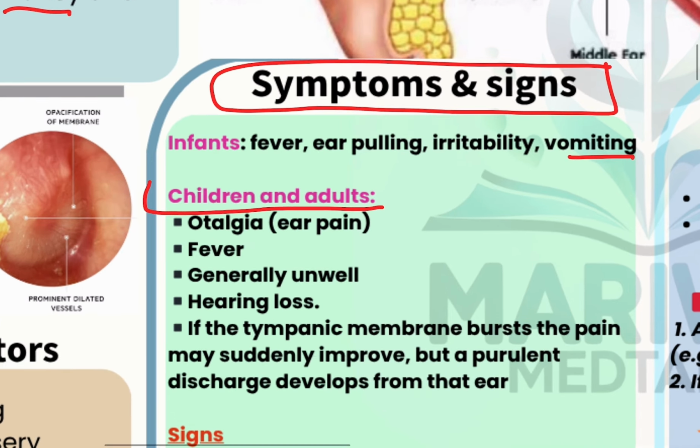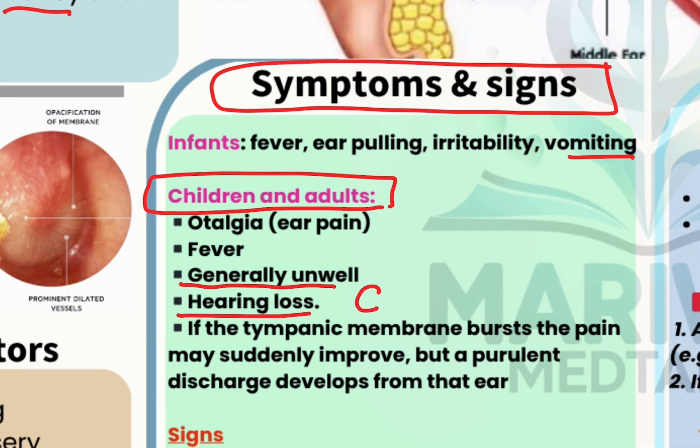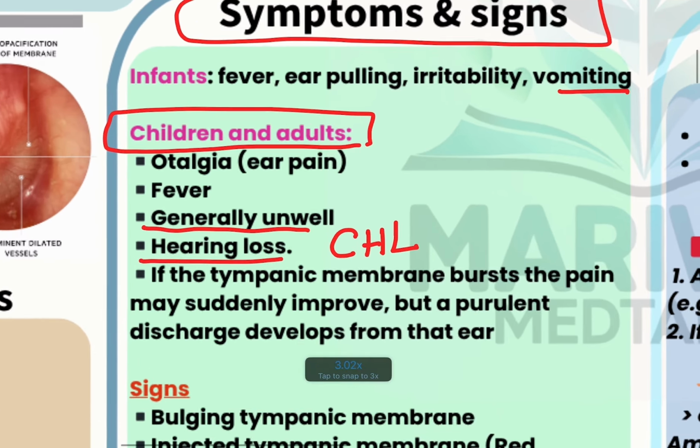In older children and adults, we have otalgia, simply ear pain, fever, the patient feeling generally unwell, and hearing loss, usually of the conductive type. If the tympanic membrane bursts, the pain may suddenly improve, but purulent discharge develops from that ear.